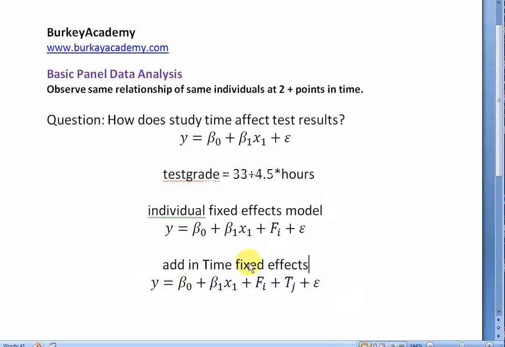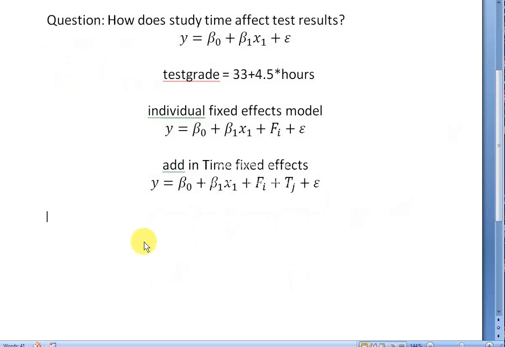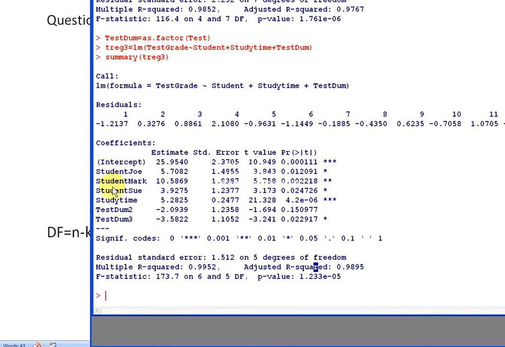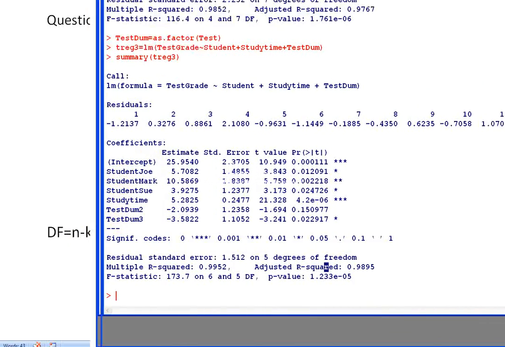Now remember, degrees of freedom is equal to n, sample size, minus k, number of explanatory variables, minus 1. In this case, we started with 12 observations, and in our final model we have 1, 2, 3, 4, 5, 6 explanatory variables, so 12 minus 6 minus 1 leaves only 5 degrees of freedom in the model.